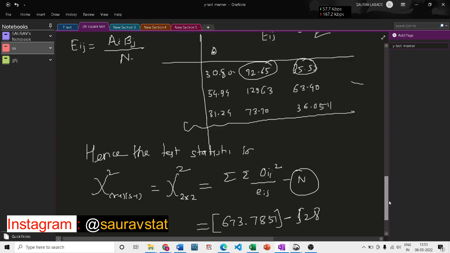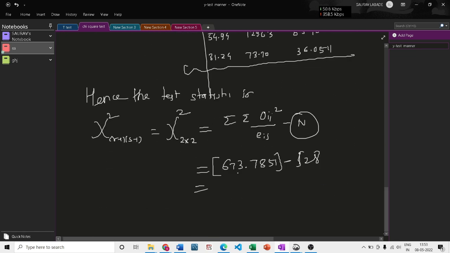This value is 528. And I will get the value, that is the chi-square test statistic. Final answer is 145.785. Okay, this will be my chi-square 2 by 2, which is my test statistic or calculated value, the chi-square calculated value.